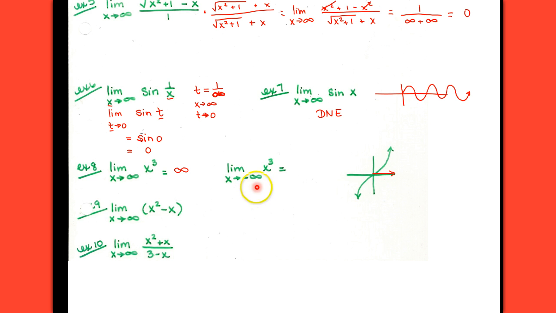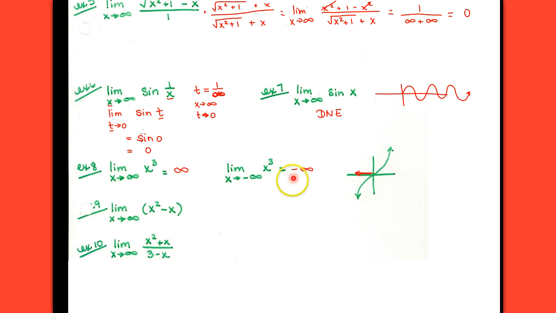If instead we took the limit as x approaches negative infinity, then that would be, again, infinity times infinity times infinity is going to give me infinity, and a negative cubed is going to give me negative infinity. The fact that this answer is negative is not because I was approaching negative infinity. If this had been the limit of x to the 4th, then this would have been a positive infinity, because infinity to the 4th is going to be infinity, but a negative to the 4th is going to be positive.